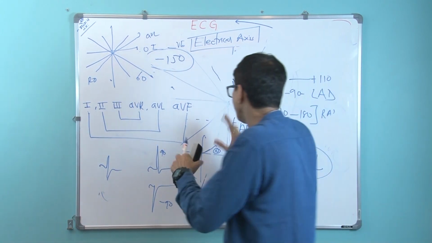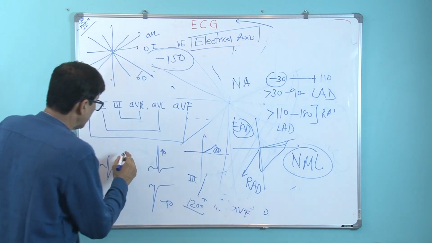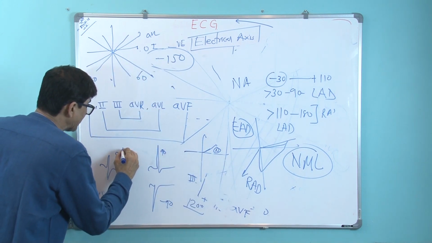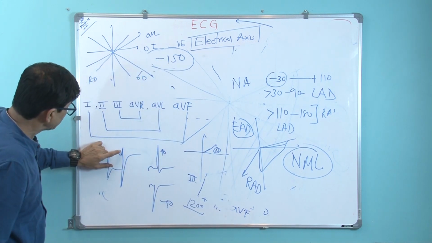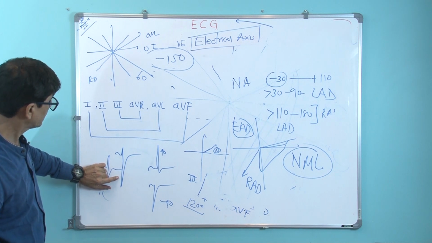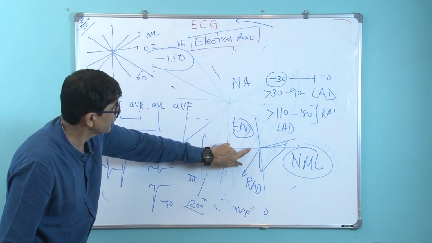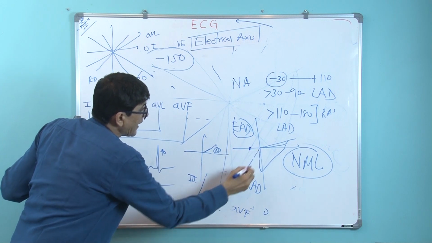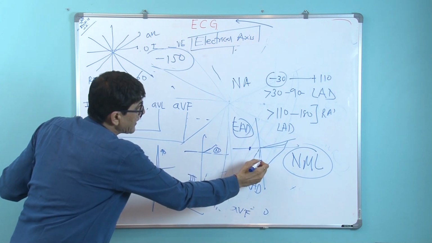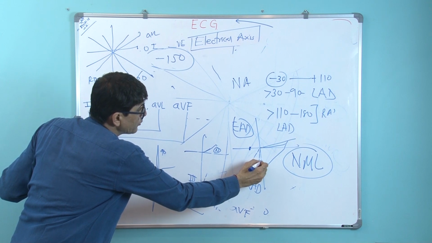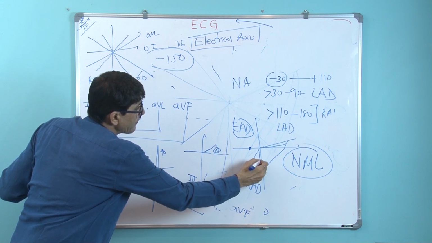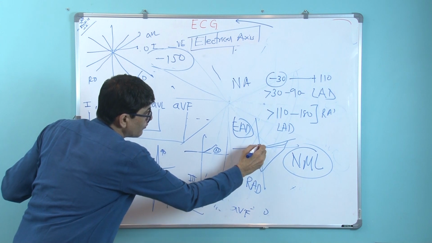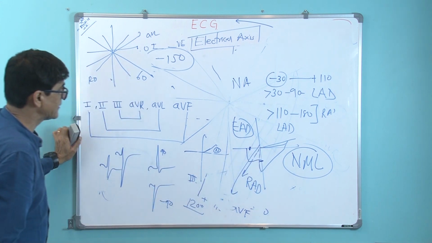For example, one example here I give. Suppose this is lead 1, and lead 1 is negative, so it will come on the negative side, and perpendicular is AVF. AVF is positive, so the axis will be here, so mostly it will be a right axis.